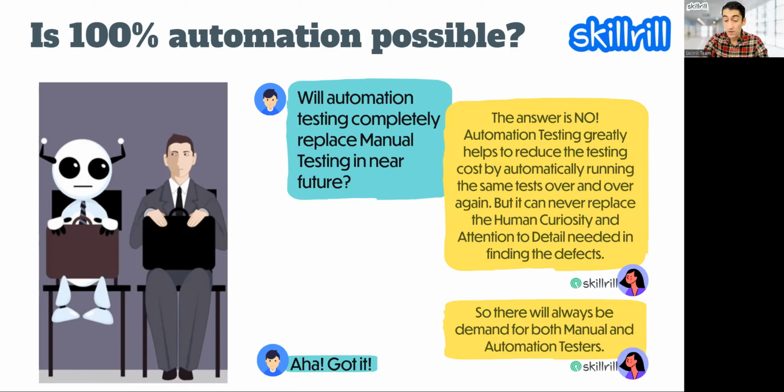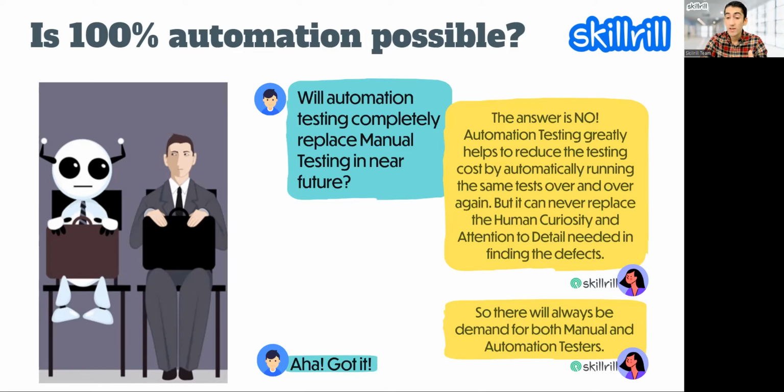But remember, automation comes after manual testing. As an automation tester, you are converting the manual test cases into automated test cases when the application is more or less stable, and we call that a build. A build is a version of the application.